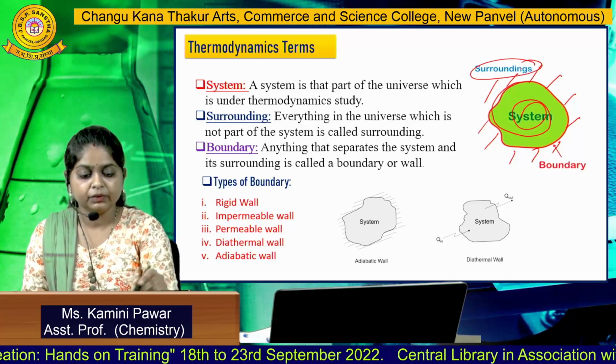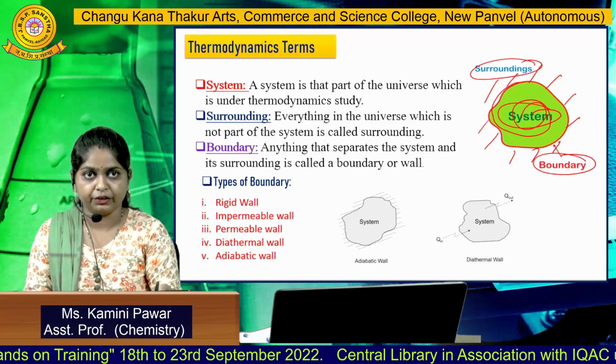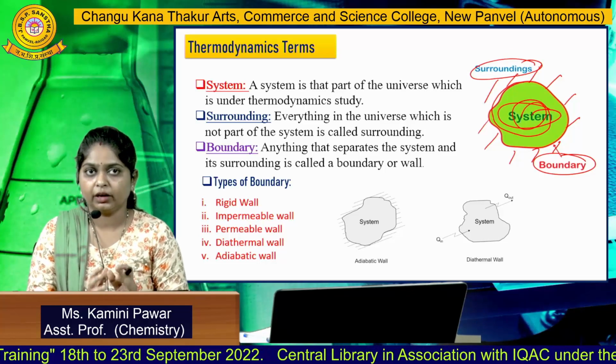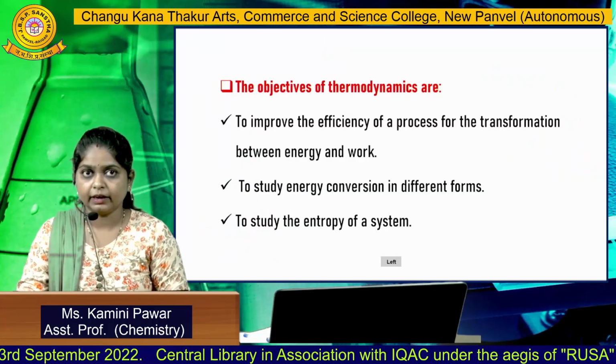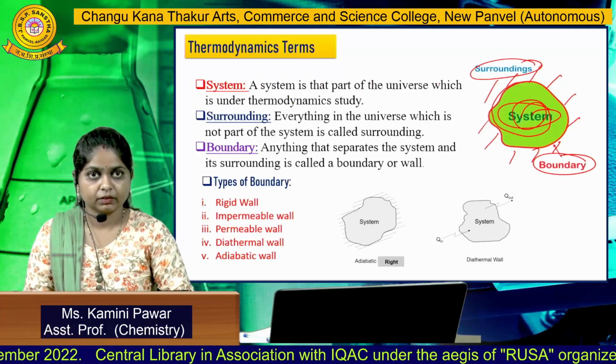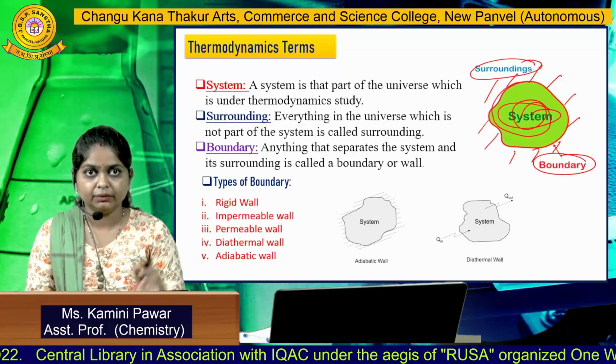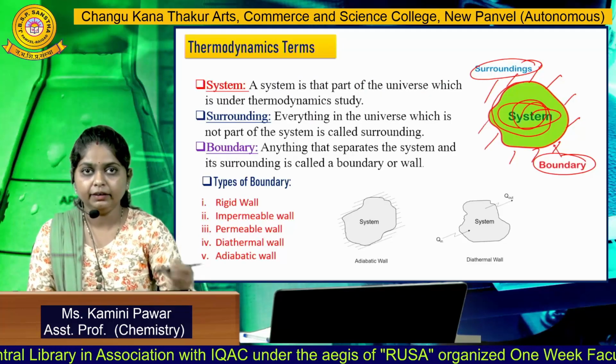The system, surrounding and boundary all together are known as the universe. So these are the terms: system, surrounding and boundary.